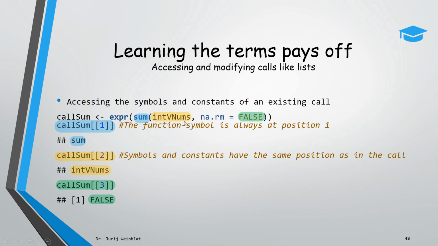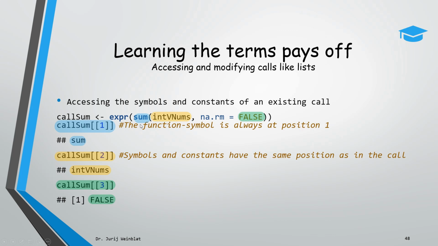And yeah, if you know how such a call is structured, and if you know all these constituting parts, you can access the different elements of a call. So once again, here's the call, expression of a sum, and you can access the name of a function, or the symbol behind the name of a function, by just accessing the first element like you do it with lists. In order to represent the expression, R makes use of a structure which you already know from lists.